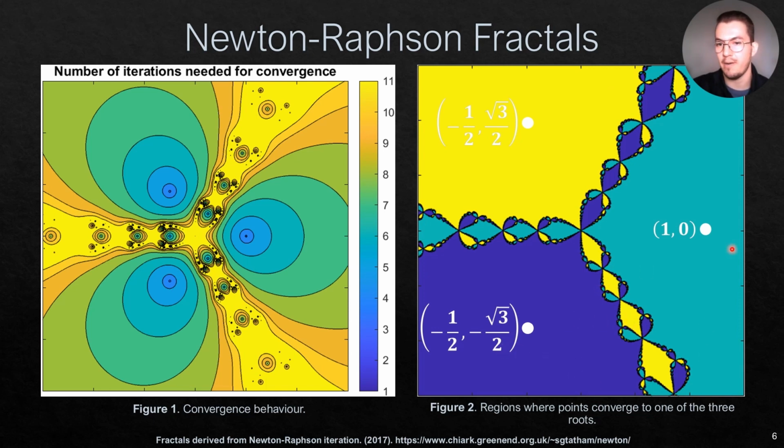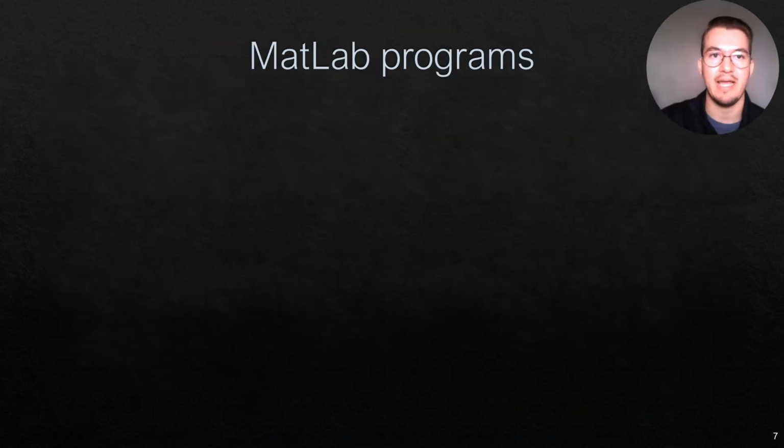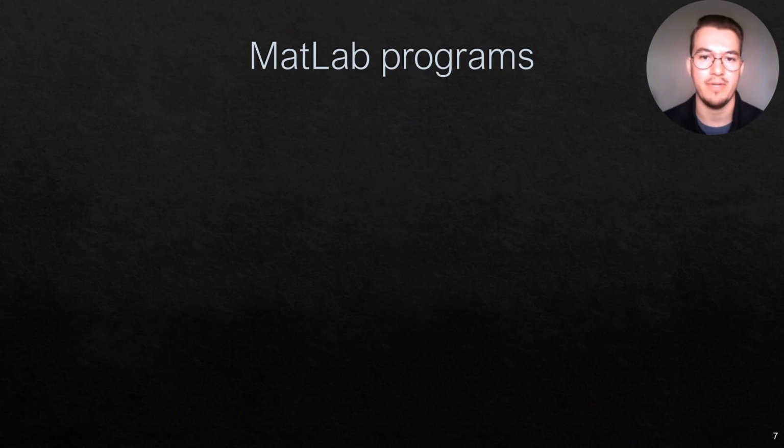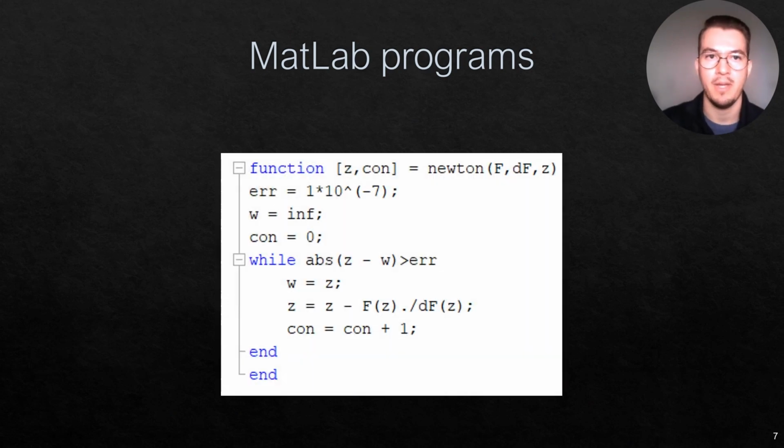So the points in these regions are all converging to this specific root, and also the same for every endpoint in this plot. So if we go to the next slide, I will explain the implementation of the MATLAB programs.